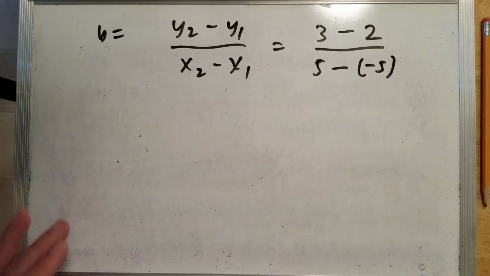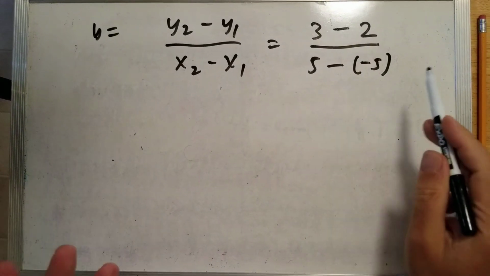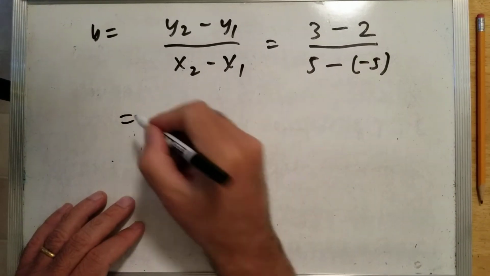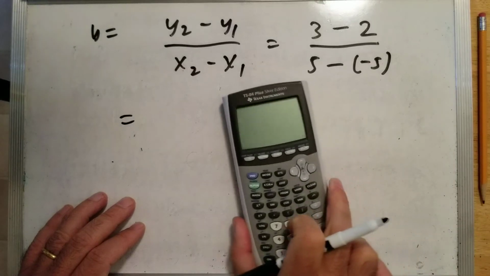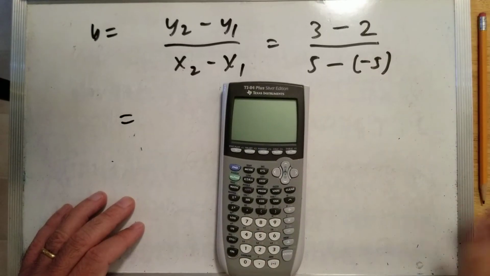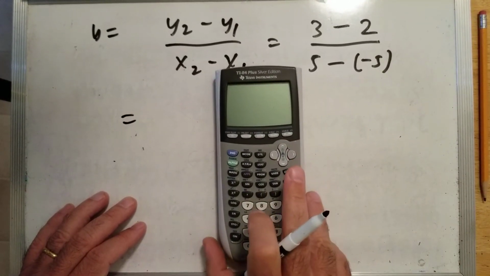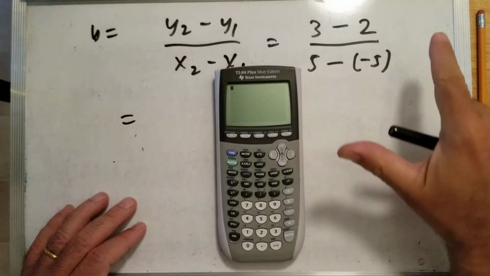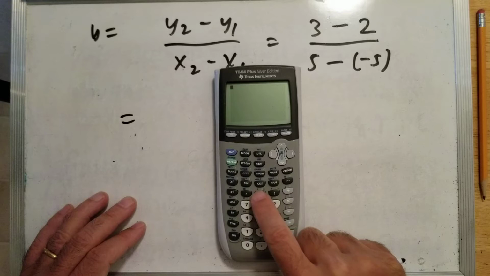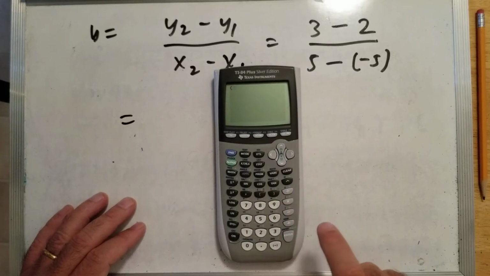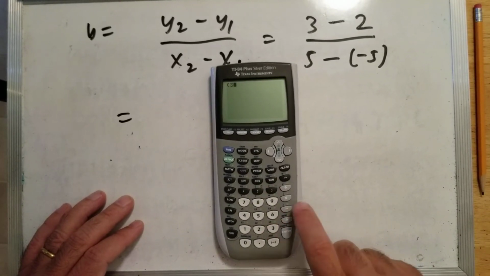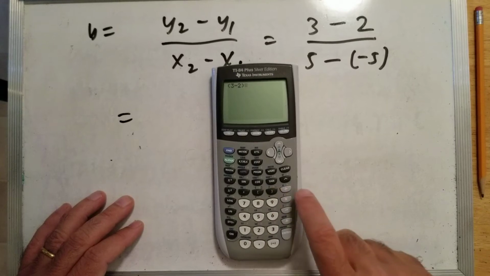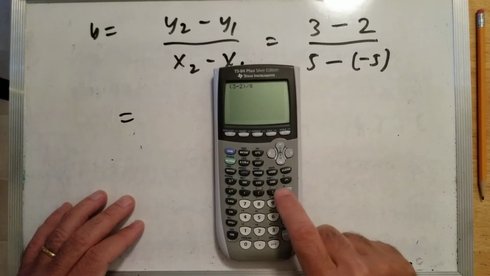Now I'm going to do this calculation all at once on the calculator. You can calculate the numerator and denominator separately if you like, but I'm going to take advantage of the calculator, and put parentheses around the numerator, 3 minus 2, divide, and parentheses around the denominator.